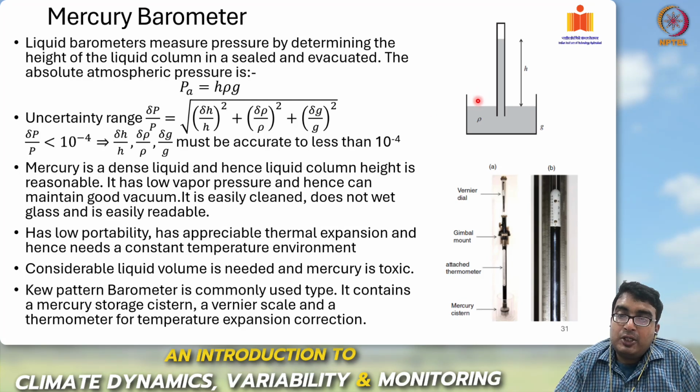The atmospheric pressure acts on the free surface of this mercury liquid, and since there is no atmospheric pressure inside the tube, the mercury column rises till the weight of the mercury column is balancing the pressure force acting on the free surface of the mercury outside of the tube. Hence, the absolute pressure of atmosphere, Pa, is equal to the height of this mercury column times the density of this mercury column times the gravitational acceleration, g.